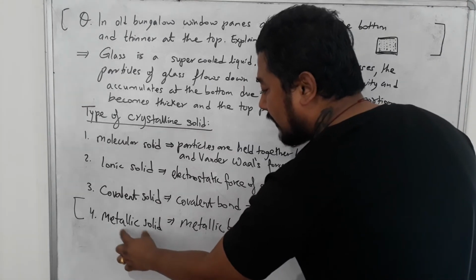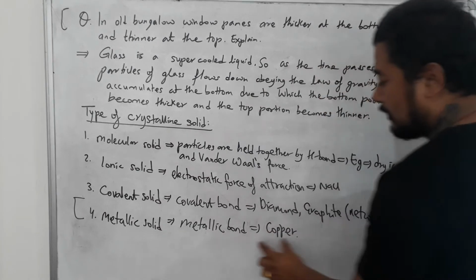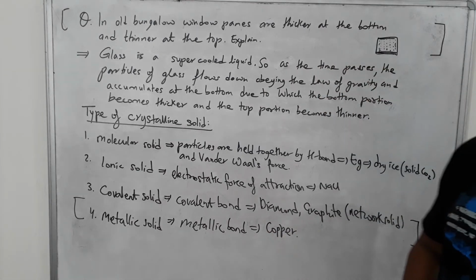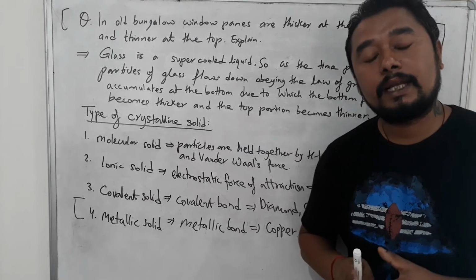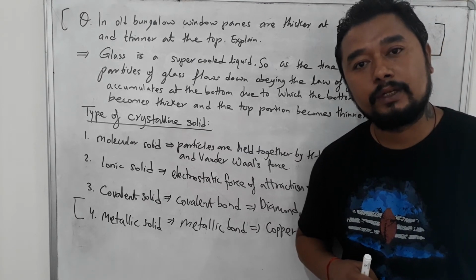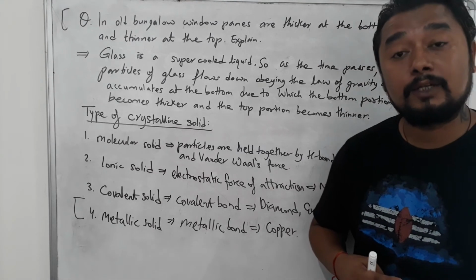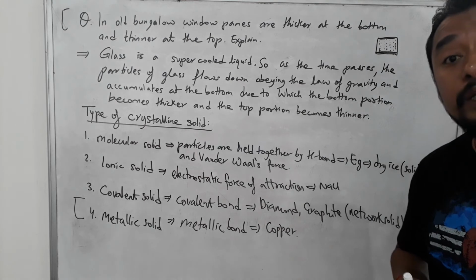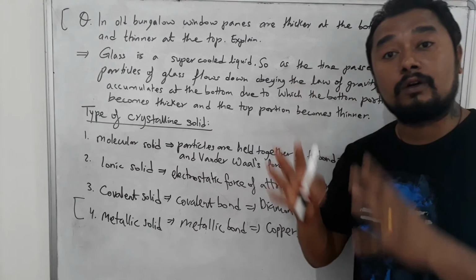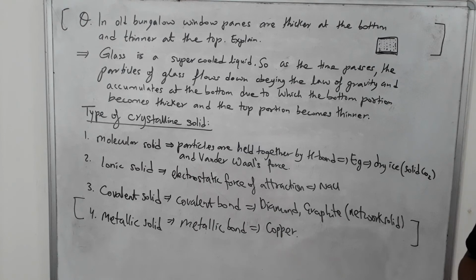Inside metallic solid the particles are held together by metallic bond, and one of the examples of metallic solid is copper. So do remember, students, there are 4 types of crystalline solids: molecular, ionic, covalent and metallic solid, in which the covalent solid examples are diamond and graphite. The particles are held together by covalent bond, and their structure looks like a network, therefore we call the covalent solid a network solid.